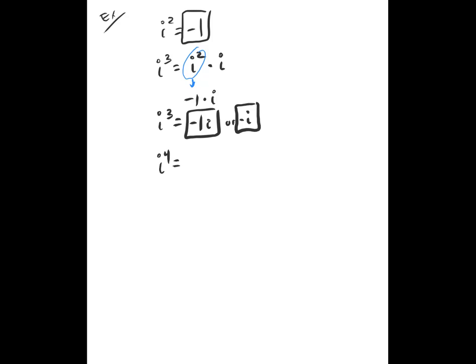Well, according to what I just did, I can say that i to the power of 4 is i to the power of 2 times i to the power of 2. Or in other words, it's i to the power of 2, and we got 2 of them.